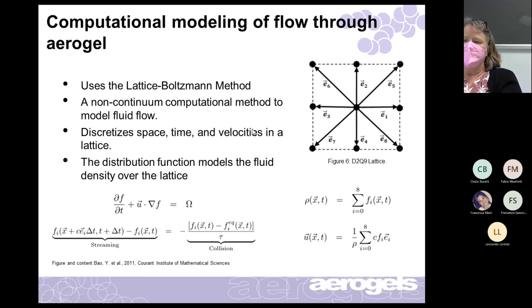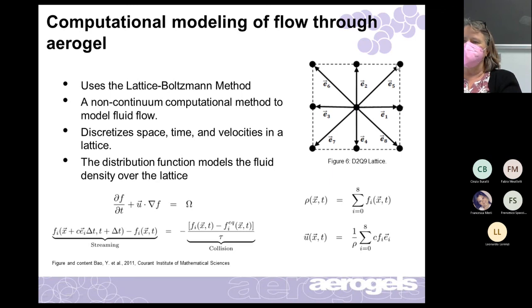The idea is this is a 2D, 9 position lattice. I have a particle at the center, and there is a distribution function that says that particle will either go to any one of these 1, 2, 3, 4, 5, 6, 7, 8, or stay. They call it 9 lattice.